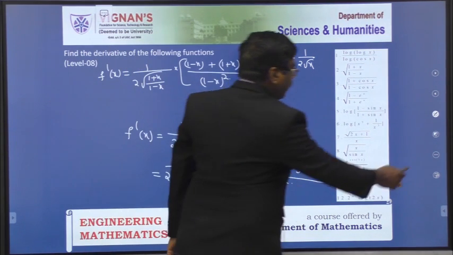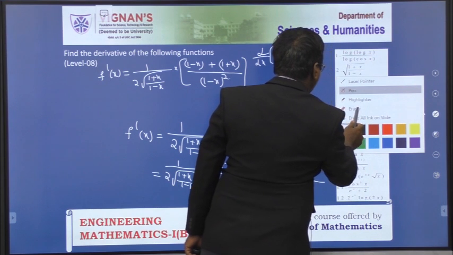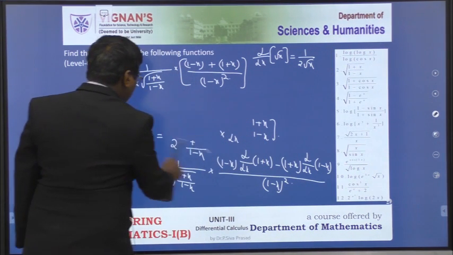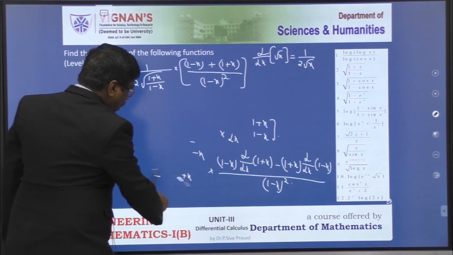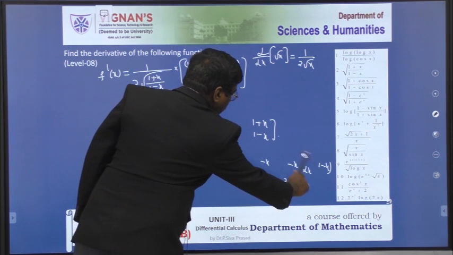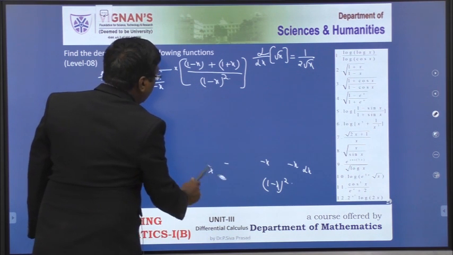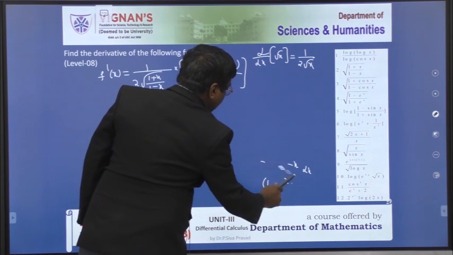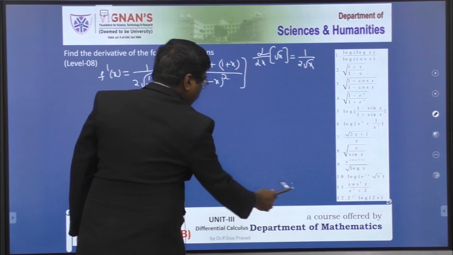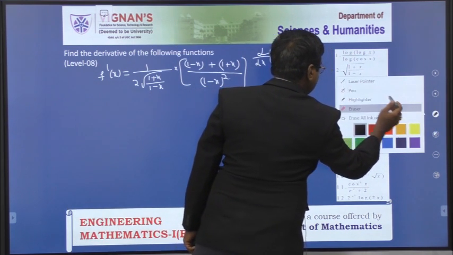Now we require simplification, because the terms all have to be in x terms. Therefore, how can you write this: (1 minus x) plus (1 plus x).